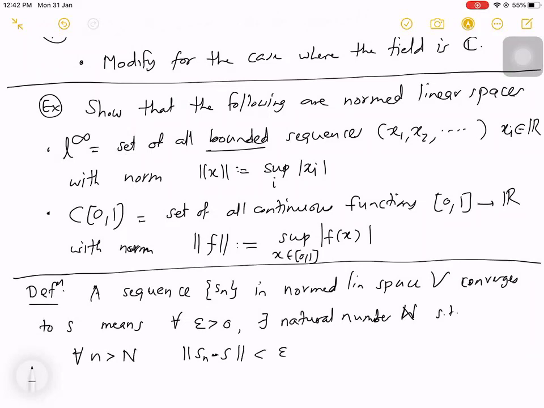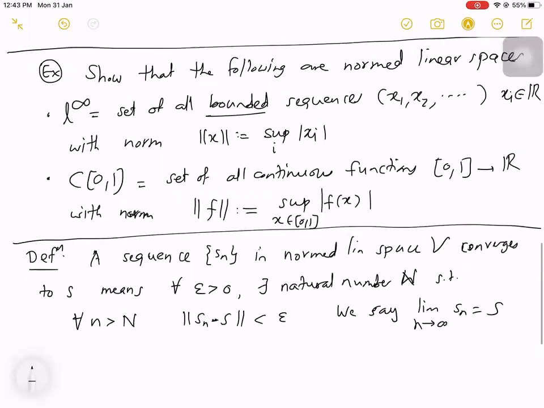And that norm was the norm in V. For example, if I ask you to prove that a sequence, if it has a limit, has a unique limit, how would you do that?